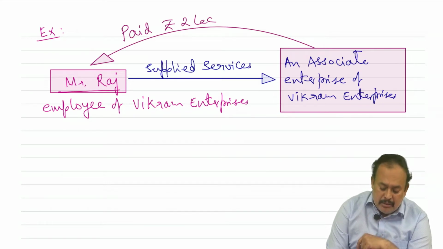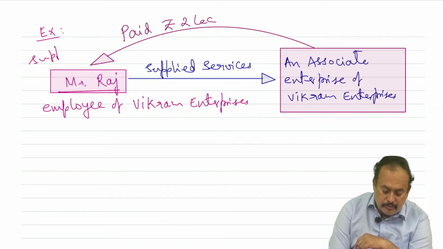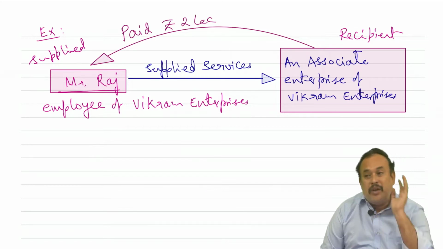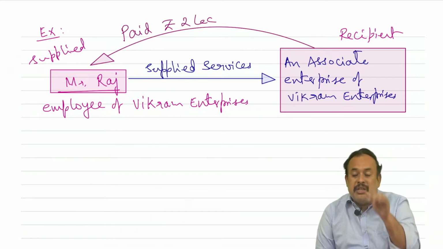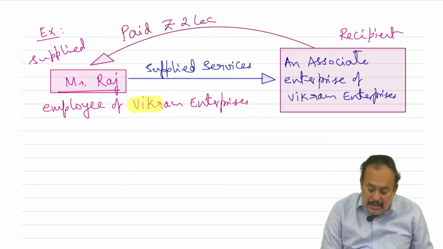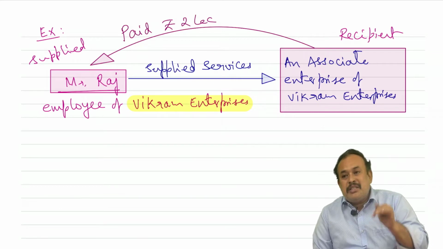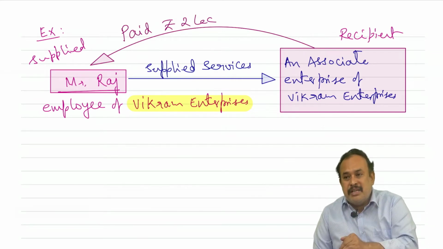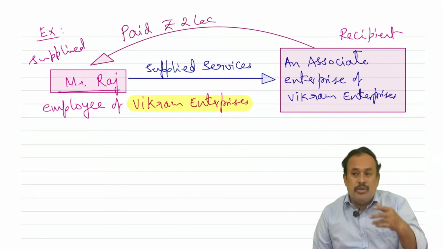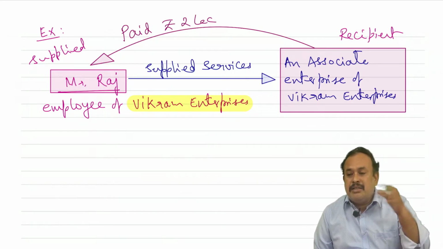Mr. Raj supplied. The recipient here is an associate enterprise of Vikram Enterprises. Mr. Raj, where is his employment? In Vikram Enterprises. As long as Raj provides the services to Vikram Enterprises, the employee-employer relationship will be covered under Schedule 3, thereby not attracting GST.